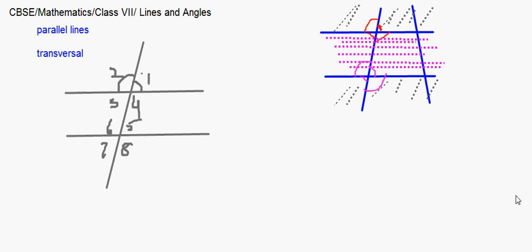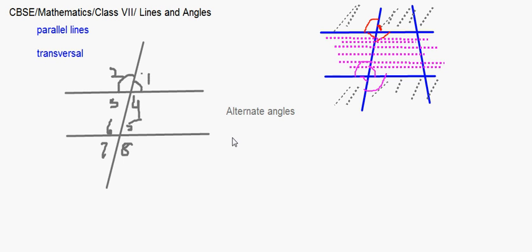Now first one is alternate angles. I'll just note down the terms. Alternate angles. The angles which lie between the two lines and on the opposite sides of the transversal.